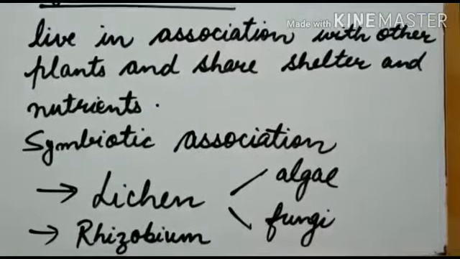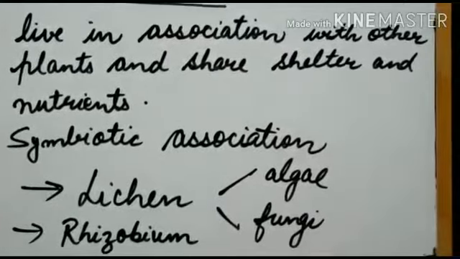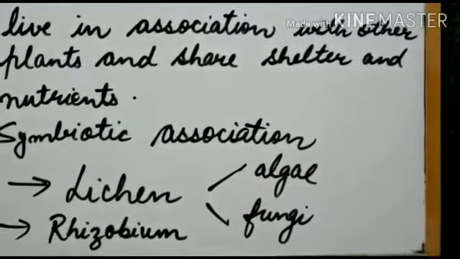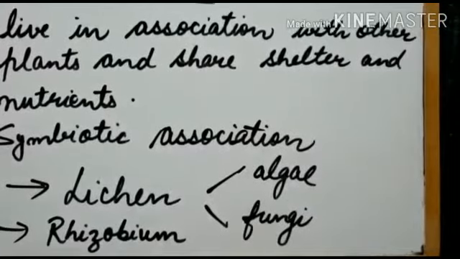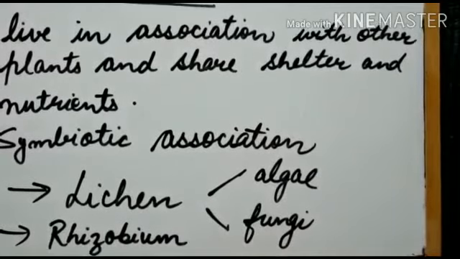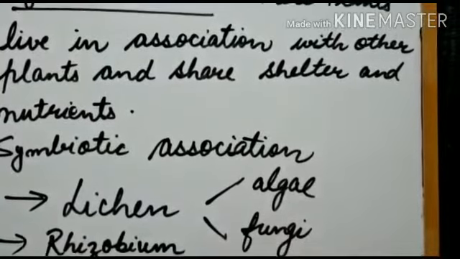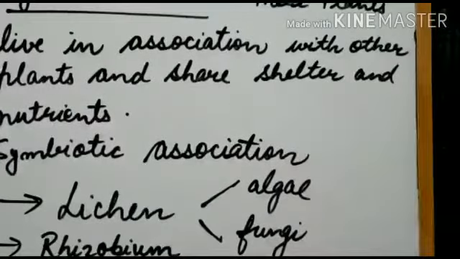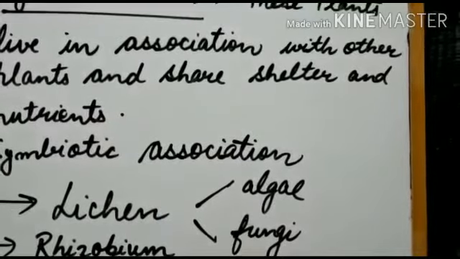Rhizobium bacteria, as we know, cannot make their own food, but these bacteria live in the root nodules of leguminous plants, for example pea or beans. Their function is to convert nitrogen gas from the air into water-soluble nitrates, as plants are not able to directly absorb the nitrogen present in the air. In return, leguminous plants give food and shelter to rhizobium bacteria.